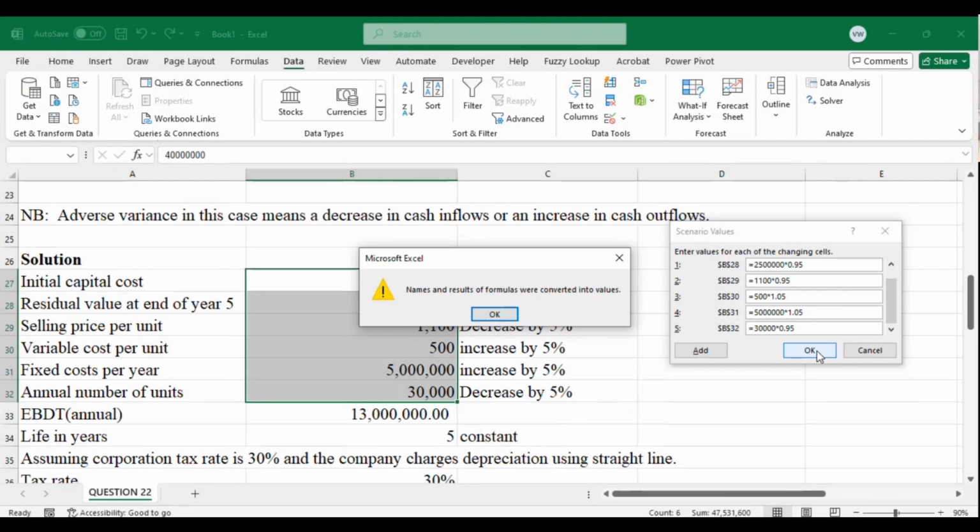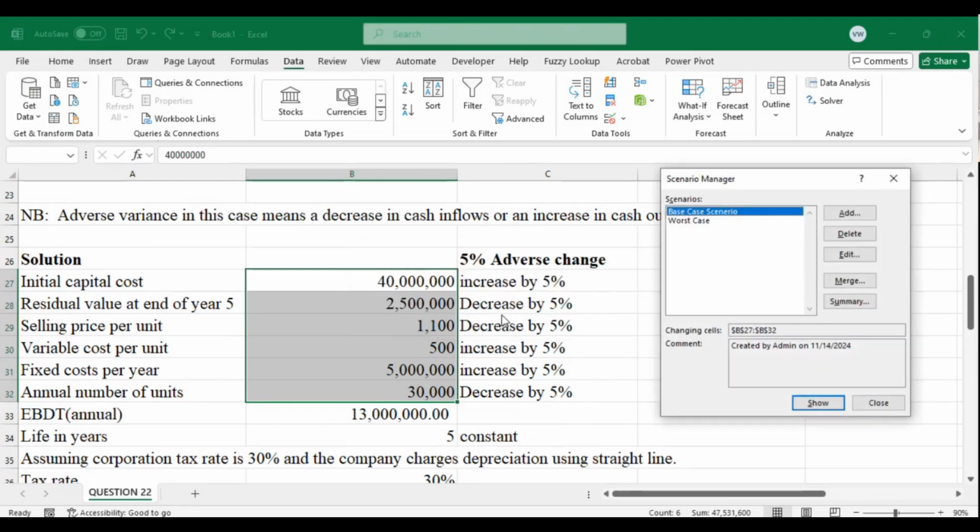So every time you get this warning that appears, just say okay, because Excel will do that computation for us. It will convert those formulas into values, and that is exactly what we want it to do. So you just say okay.